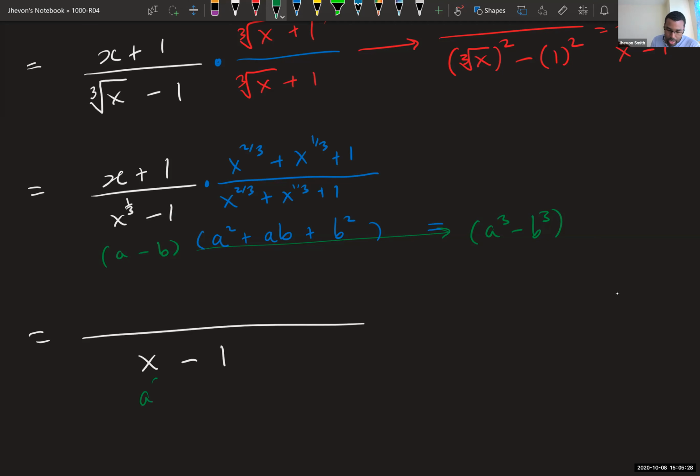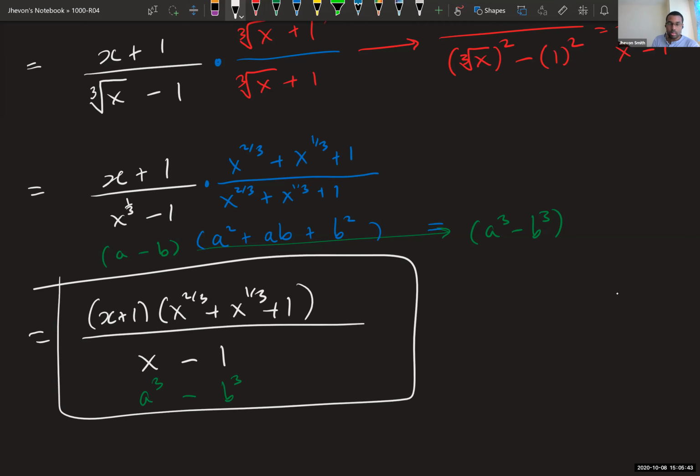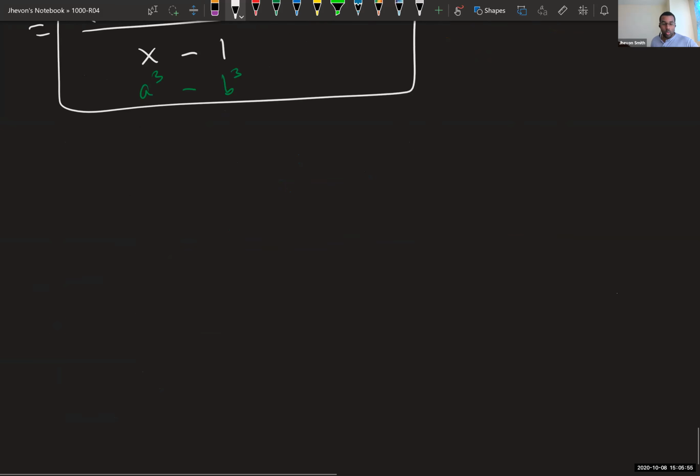That's now like my a cubed minus b cubed. And the numerator is going to be your x plus 1 times x to the 2/3 plus x to the 1/3 plus 1. And now that is rationalized. Okay, so you're just taking advantage of the formulas that we learned about. So if you want to get rid of a cube root, you need to cube things. How do you do that? Difference of cubes formula, or sum of cubes formula, or something else. And it works on the flip side.